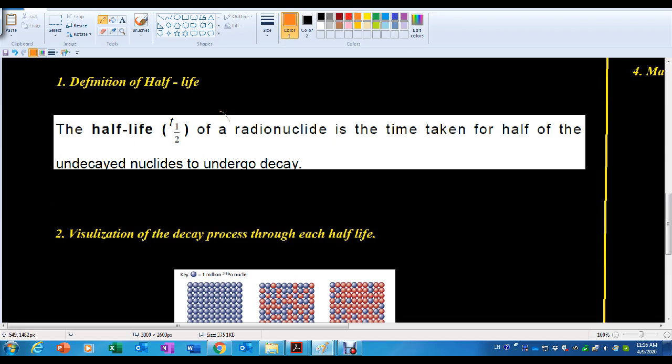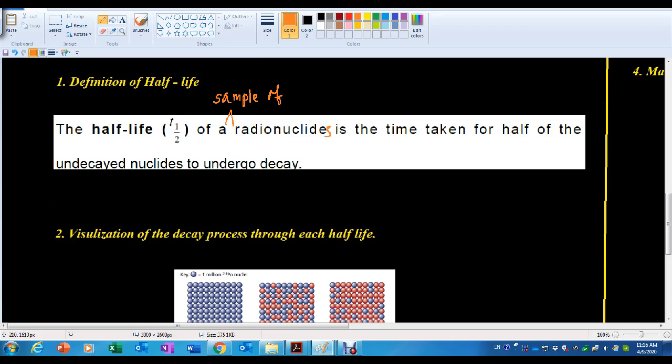We should add something here. Better write it this way: add a sample of radionuclides. That means it's a group of radionuclides.